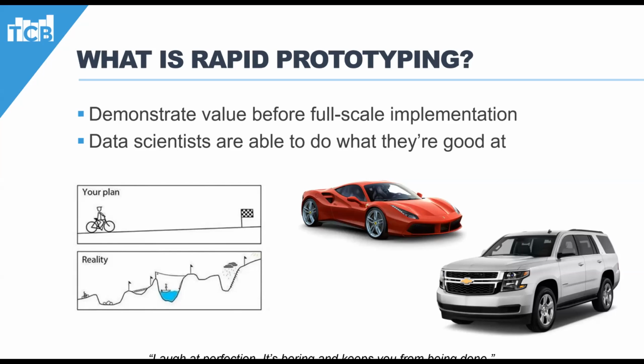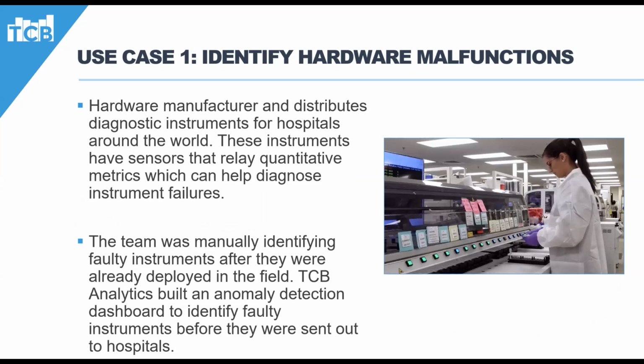So I'll get into the first use case. Use case one, one of our clients creates hardware that is deployed in major hospitals around the country. And this hardware involves various types of testing for patients. The instruments have sensors on them that relay quantitative metrics, which can help diagnose any kind of hardware failure.